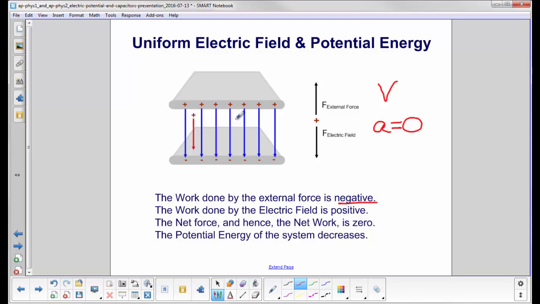The work done by the electric field, since it's in the same direction as the motion of the charge, is positive. The net force and the net work are 0. That comes right here: a is equal to 0. Net force 0. Net work 0. And here's the key piece: the potential energy of this charge plane system decreases.